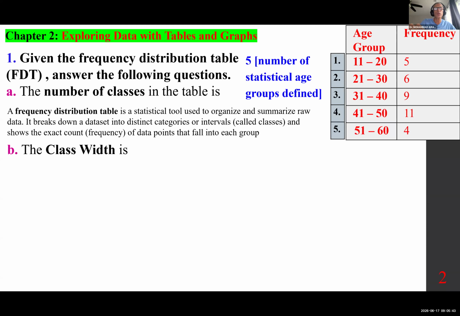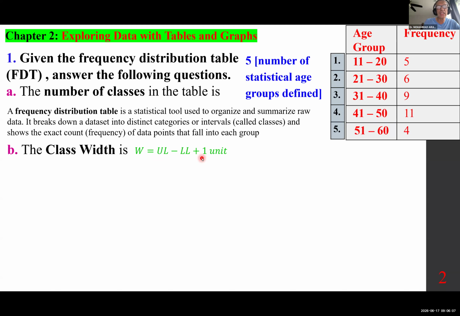What is the class width? There are a couple of ways to calculate the class width, this width, from 11 to 20, for example, from 21 to 30. That's what we are referring to. The width is UL, upper limit, minus LL, lower limit, plus 1 unit.